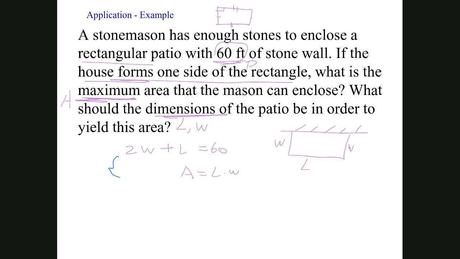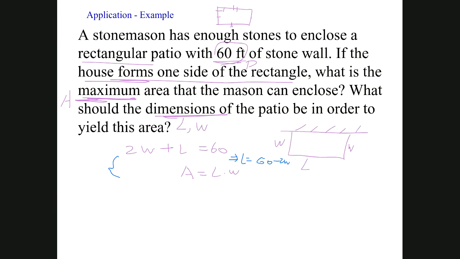So I'm going to solve for L in here. If I want to express this in terms of W, how much is my L? Well, my L will be 60 minus 2W. Okay, and I'm going to substitute into here. So what is my A here?